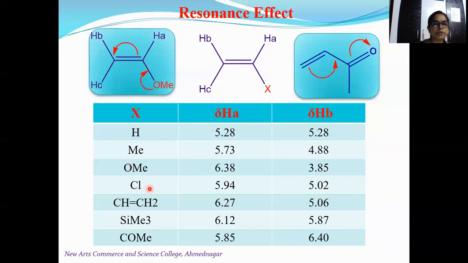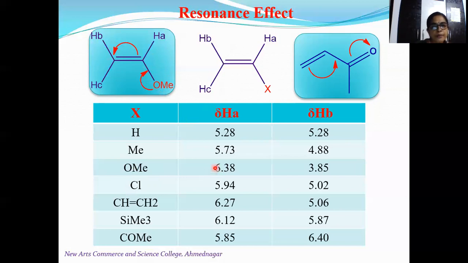The same effect is there with chlorine. If we substitute chlorine in place of methoxy, then the same thing happens. The beta carbon atom becomes electron rich while the alpha carbon atom will be deshielded, or electron deficient, because of the electron withdrawing inductive effect of the chlorine.